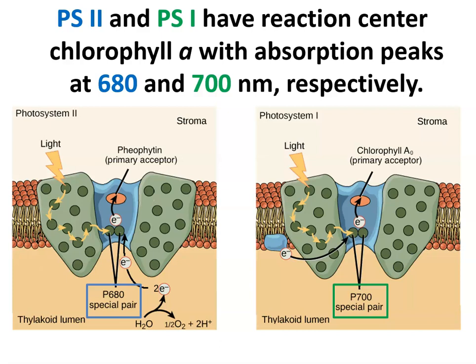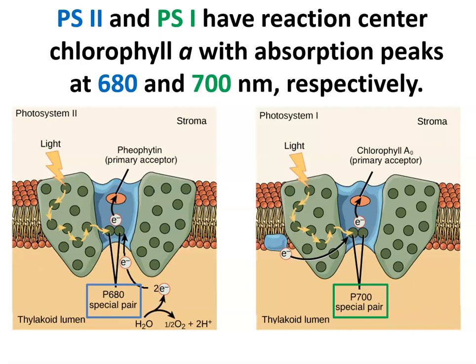Unlike photosystem 2 that gets its electrons replaced from water, photosystem 1 is going to get its electrons from an electron transport chain, which we'll see when we start the linear flow of electrons. Now these two photosystems work together, even though they have apparently separate structures and some mechanisms that are independent of one another.